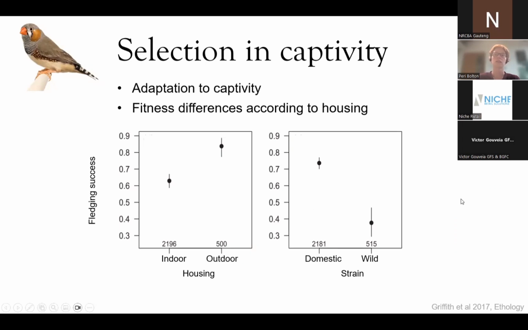I know it's not exactly the same measure, but potentially these domesticated zebra finches are more fecund in this environment than the wild ones. Whether that is how you would breed for that, I'm not entirely sure. I would say I would pick pairs that are consistently producing lots of offspring and keep letting them do that.